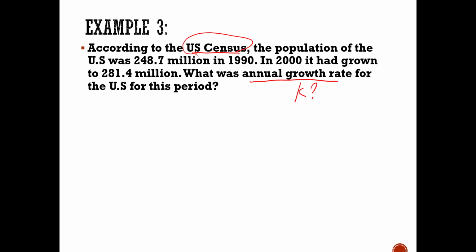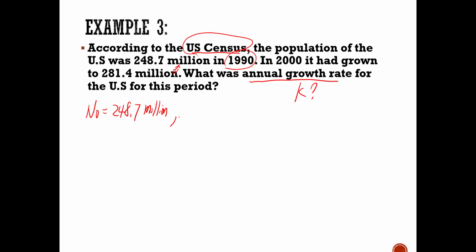And let's see. In 1990, we treat it as the initial population. So N0 equals 248.7 million. Now we want to expand it as a standard form. It's okay, we can, because the units are the same for the initial population and the ending population. So we're okay.